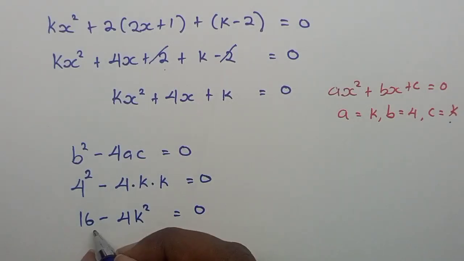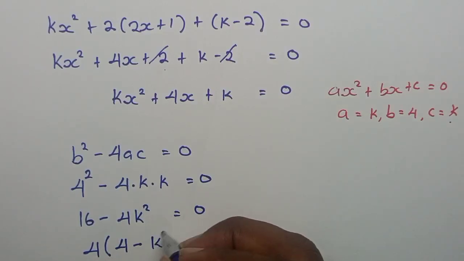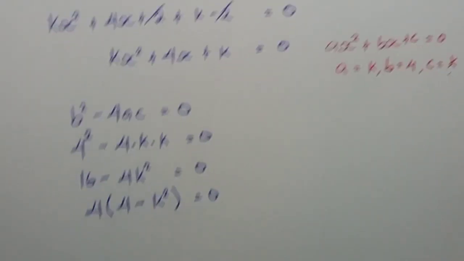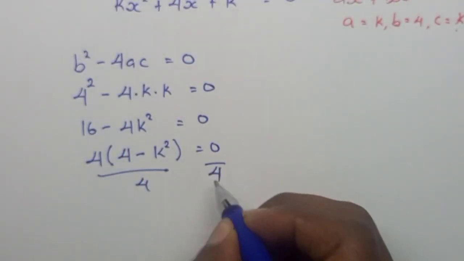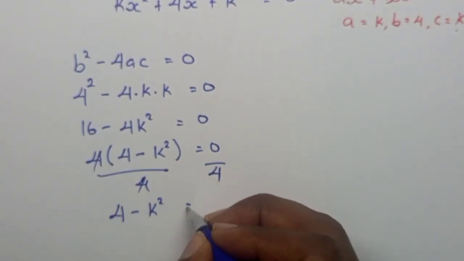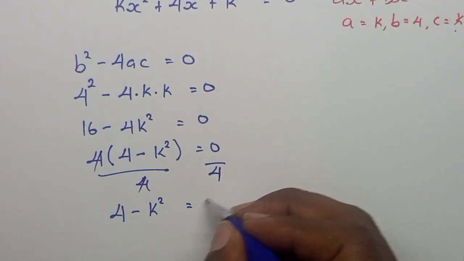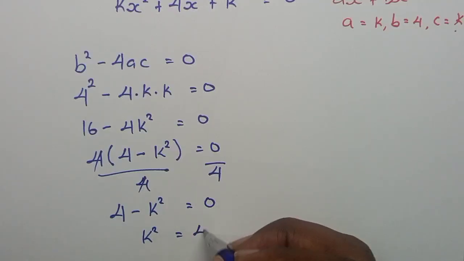Therefore, here 4 is common, so we factor it out. This becomes 4 times (4 minus k squared) is equal to 0. So we divide both sides by 4. Here we are left with 4 minus k squared is equal to 0. So k squared is equal to 4.